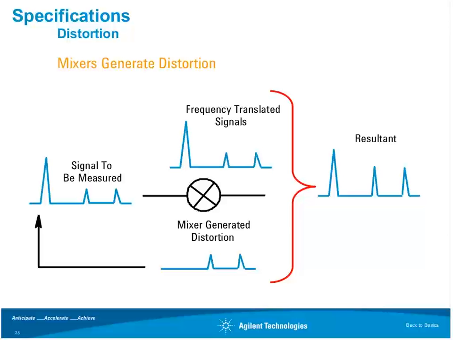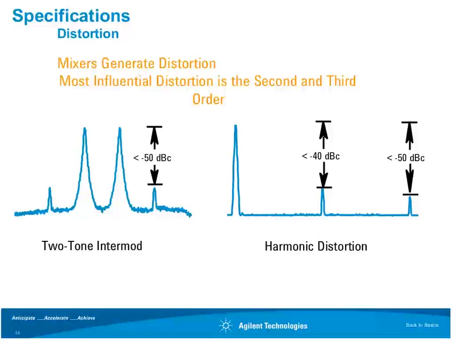But what happens if I'm also generating distortion products inside the mixer, inside the instrument? They're not part of the original signal, but they're created inside the instrument. Then you would end up with an overall measurement that is a combination of the actual signals at the input and the distortion products. Obviously that's a situation we'd like to avoid.